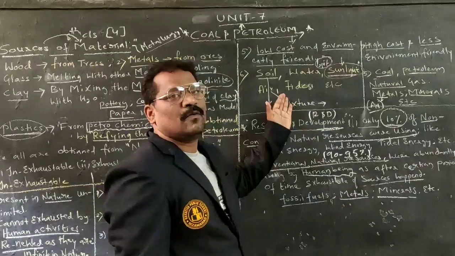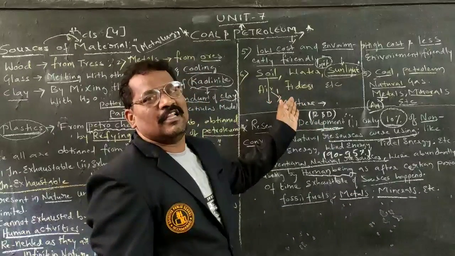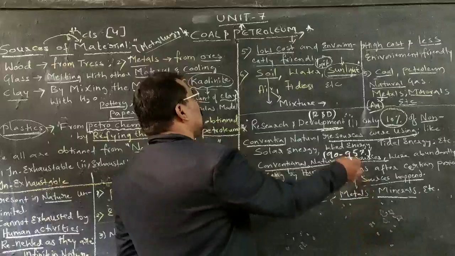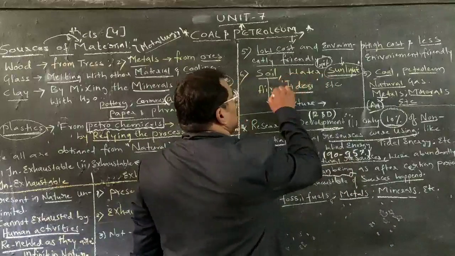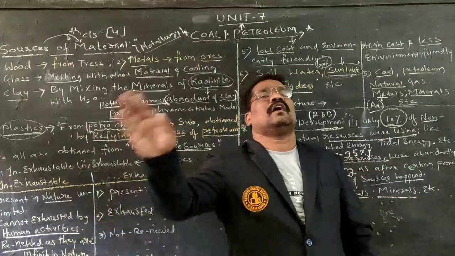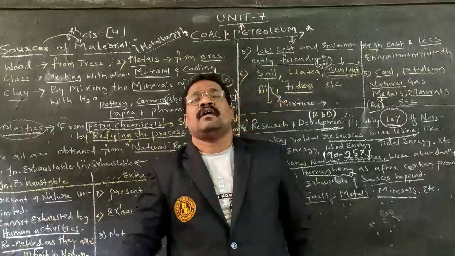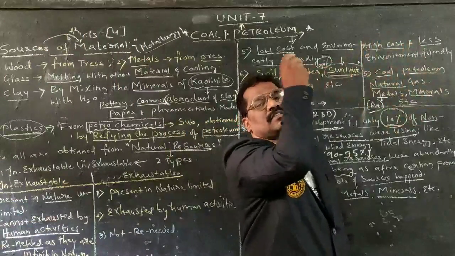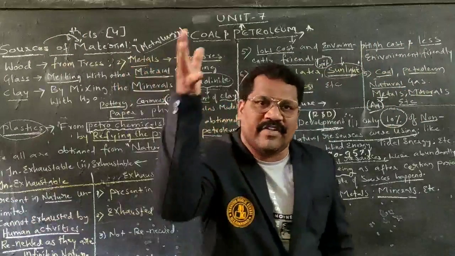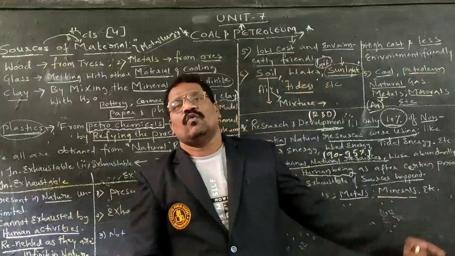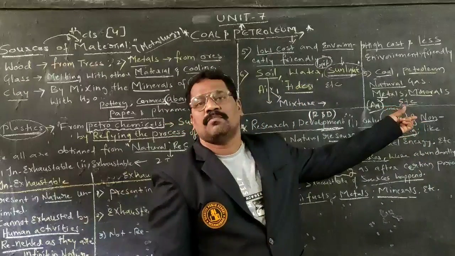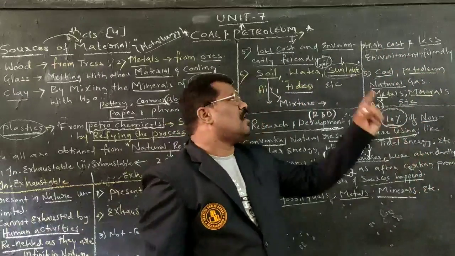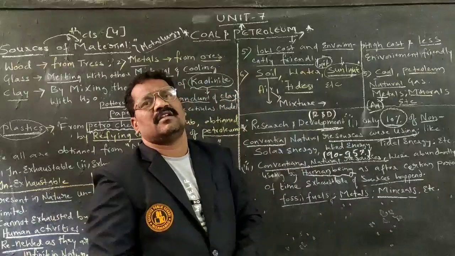It is also an inexhaustible natural resource. Tides also come from the surface of the ocean, and by utilizing tides we can run various appliances. These all are inexhaustible natural resources.